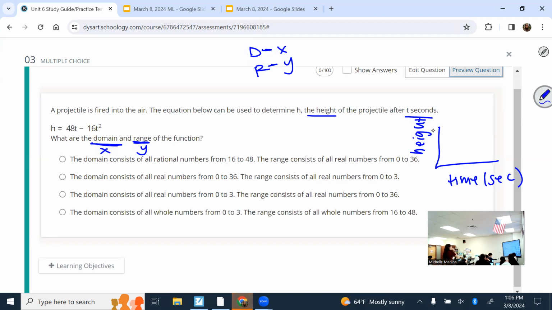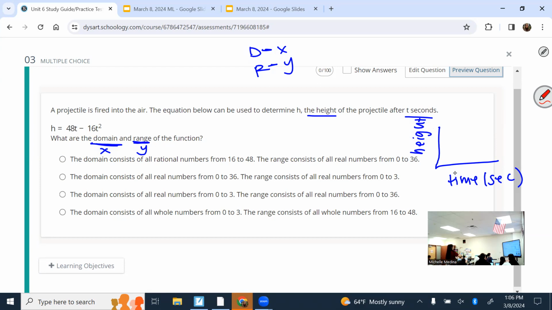And the reason why that's important is because we have to pick a reasonable domain and range. So like for the domain, the x's, the time, can I have negative seconds? Can I have decimals of a second?